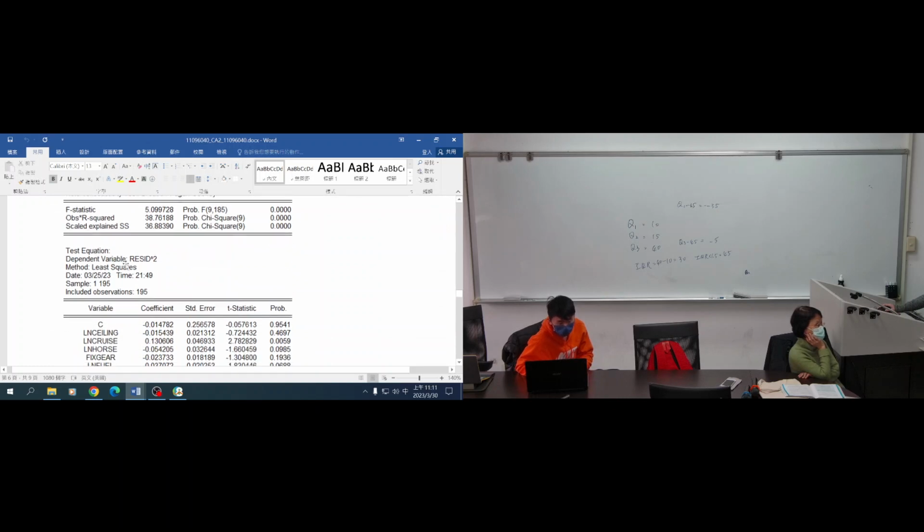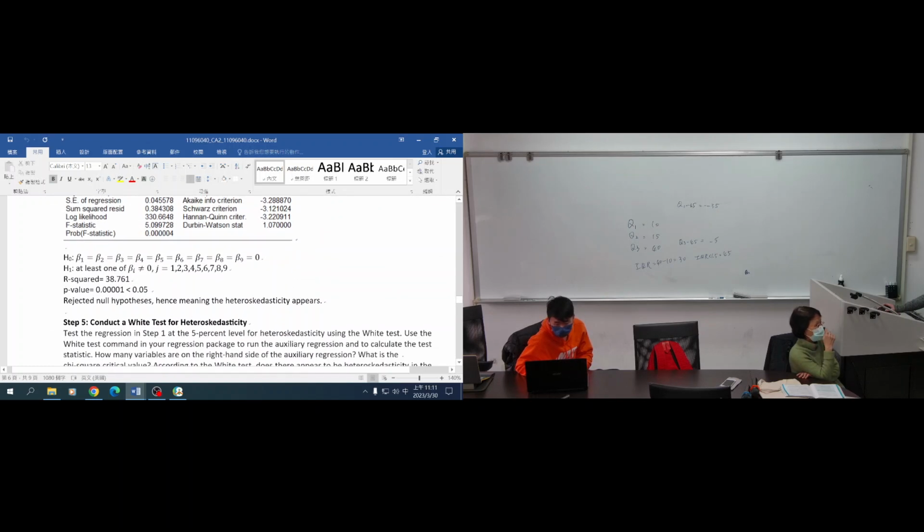Okay, this is my result. For the null hypothesis, B1, 2, 3, 4, 5, 6 is equal to 0, and for the alternative hypothesis, at least one of the betas is unequal to 0.